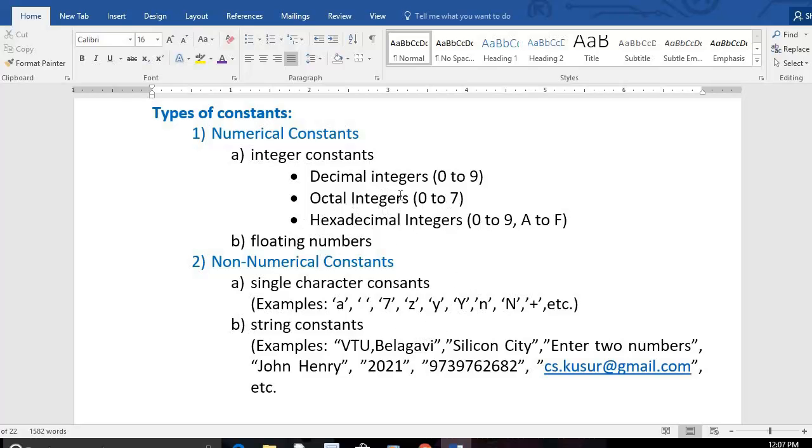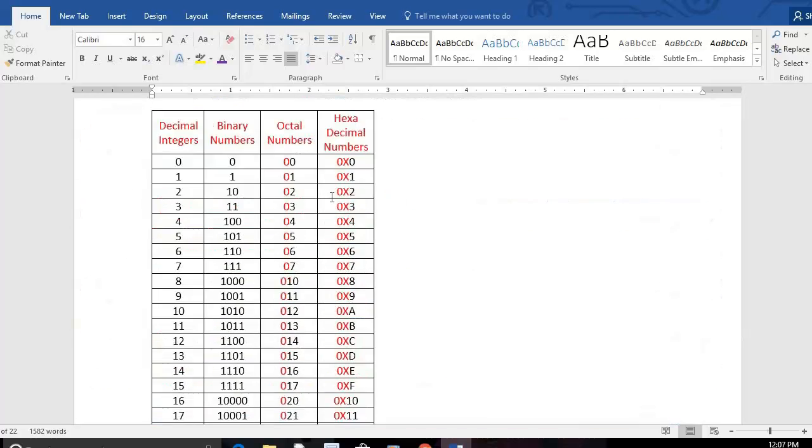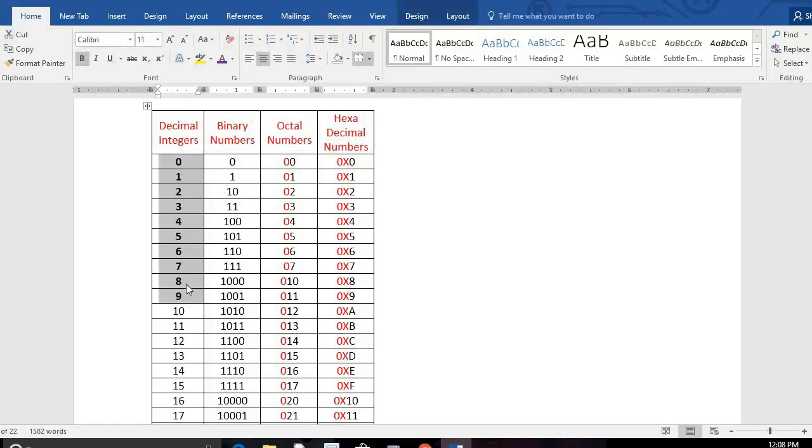Decimal integers: in our everyday routine life, we use decimal numbers. 0 to 9 symbols we use, means 10 symbols: 0, 1, 2, 3, 4, 5, 6, 7, 8, 9. After 9 again 0 should come, but the first 0 and this 0 would become the same. So for the next symbol, 1 is stored here and we call it 10.